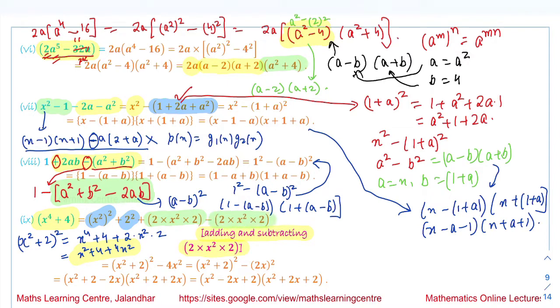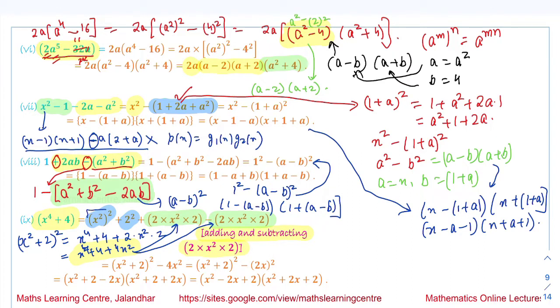I hope it is clear to you why we are adding and subtracting this term: 4x square we have added to it, and 4x square we have subtracted from it.